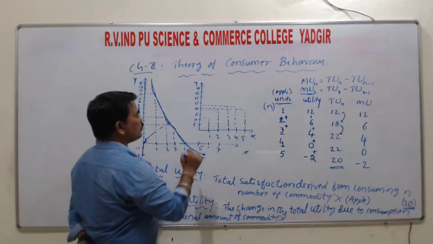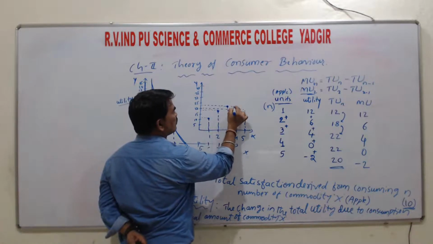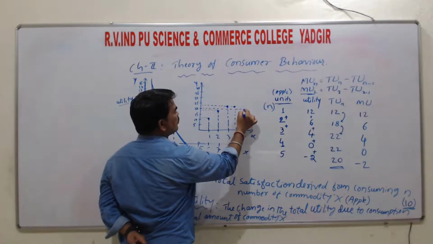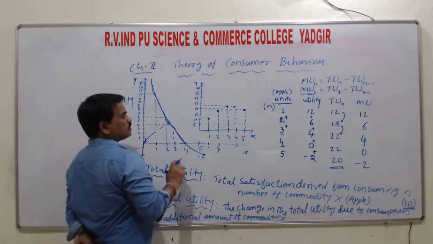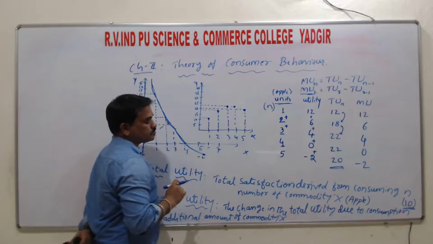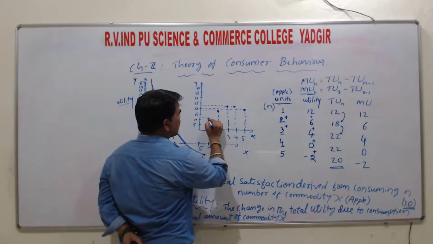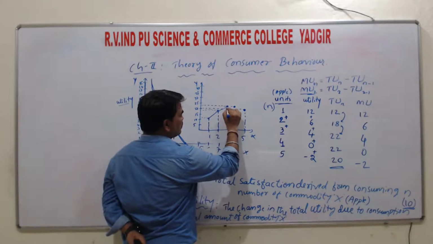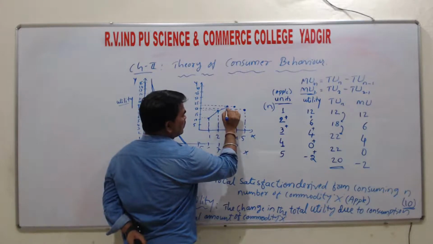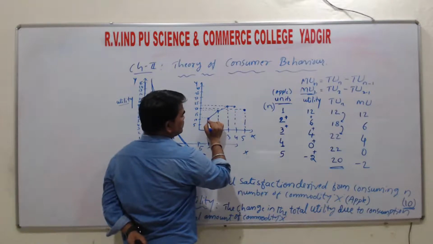Okay, if you draw a curve, these are the points. Okay, total utility curve here. It started increasing for second and third. For the fourth, it is constant. It is not increasing. So it behaves in this way.